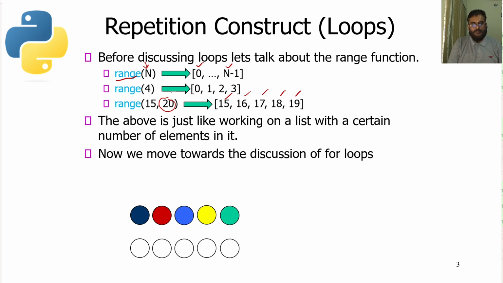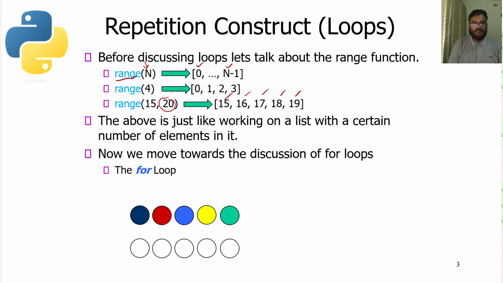Now we move towards the discussion of for loops. The for loop is a loop like in many other programming languages in which you have to give a certain condition; until that condition remains true, the loop will execute, and when that condition becomes false, the loop will terminate.